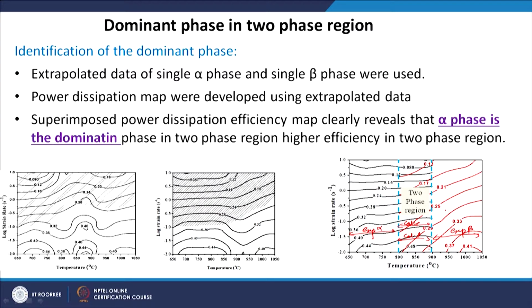So, the efficiency of the alpha phase is almost double the efficiency of the beta phase. That means, whatever efficiency you are getting in the two phase region is because of the dynamic recrystallization in the alpha phase, not in the beta phase. And that is contributing to the high efficiency which you are seeing in the processing map.